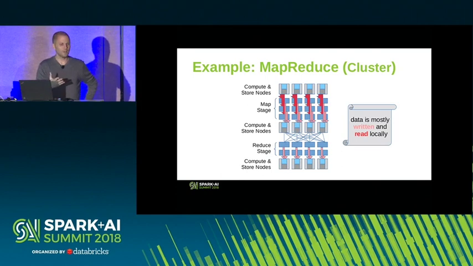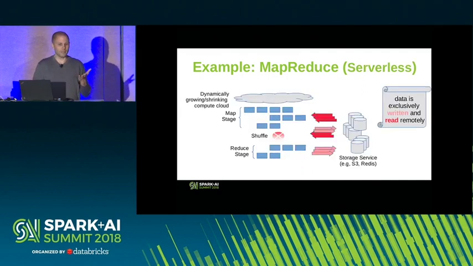So in a cluster setup, pretty much all storage operations except in the reduce phase, where data is fetched from the mappers, all I/O operations, if you want, are local, right? Obviously, this is an ideal setting. In practice, you may not be able to schedule all tasks completely local, right? Anyway, in a serverless setting, the picture looks pretty much like this. You have input data, intermediate data, as well as output data that needs to go and come from an external storage source, right? And that is expensive.